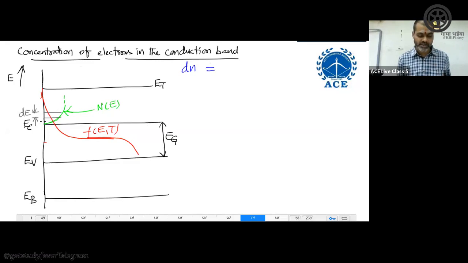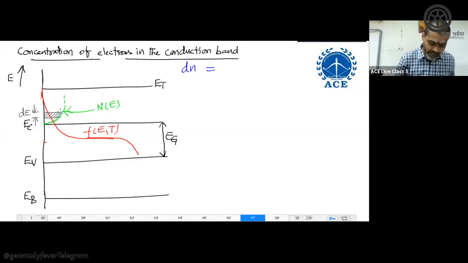N of E represents what? This represents the total number of energy levels that are going to be present within the conduction band. But I have considered only the energy interval dE. Am I correct? Only this energy interval dE.